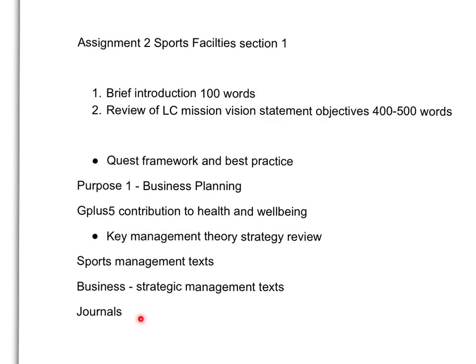What I'm not looking for in this section is a definition of Quest and an overview of the framework. That's not the purpose of the assignment. The assignment is to use and utilise this framework in order that we can assess the mission, vision and value statements of Bay Leisure in context of the LC.